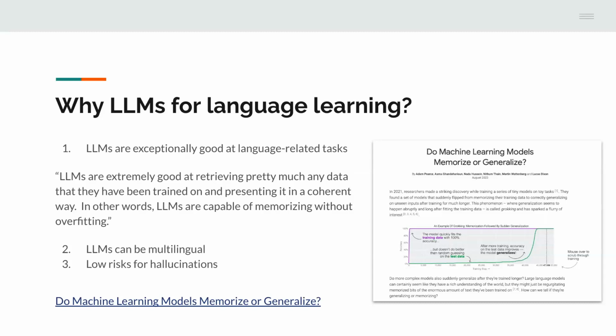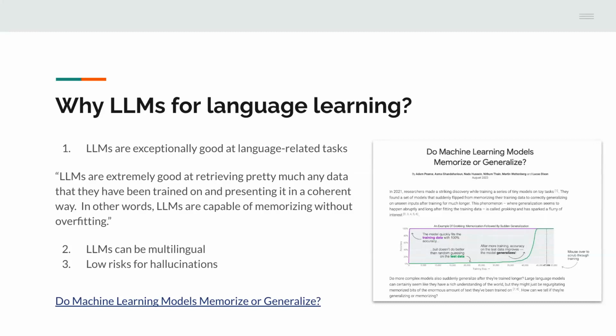One understanding from this article is that large language models are extremely good at retrieving pretty much any data that they have been trained on and presenting it in a coherent way. In other words, they are capable of memorizing without overfitting.